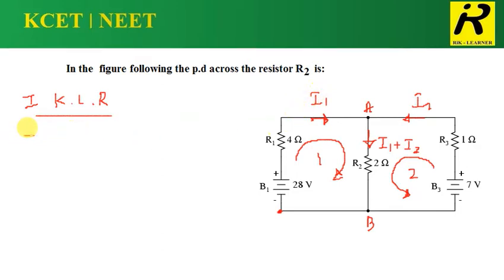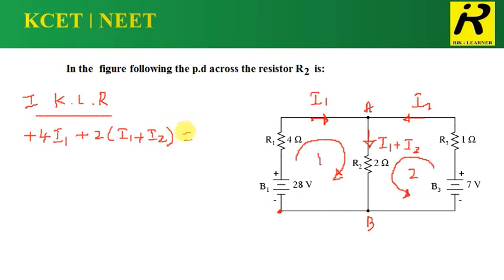That means it is plus 4 times I1. In this branch there is no resistor. In the middle one, the current is I1 plus I2 and the resistance is 2, so this is also plus 2 into I1 plus I2. There is no resistor in the bottom branch, so that is the end.